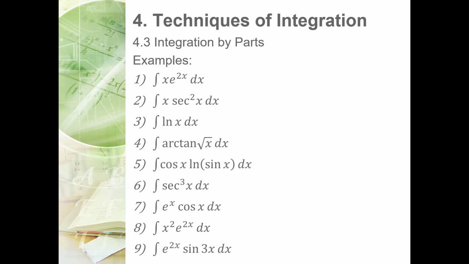For example, number one is algebraic and exponential. Number two, algebraic and trigonometric. Number three and number four, logarithms and inverse trigonometric functions, and so on and so forth. Those are the variations that you'll be encountering when you try to solve using integration by parts.